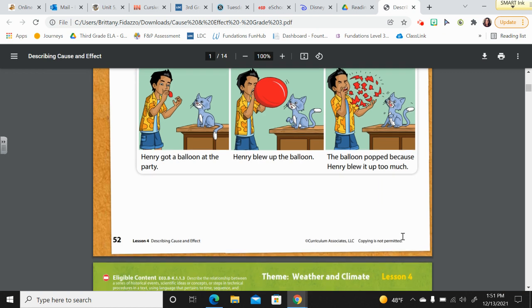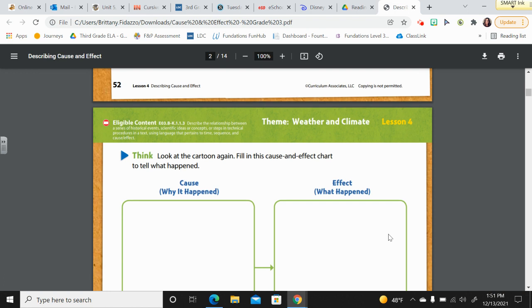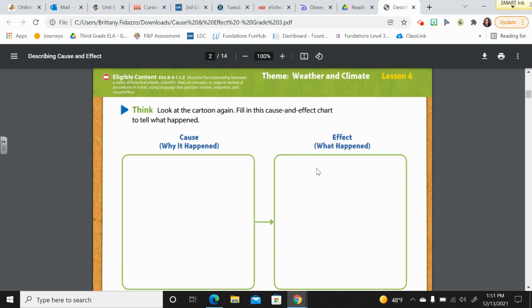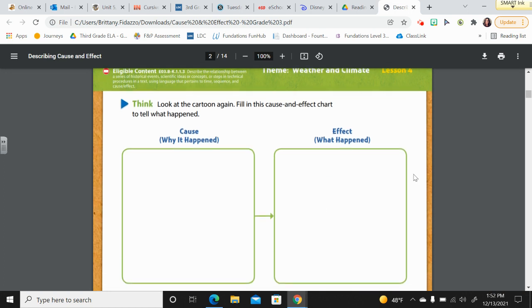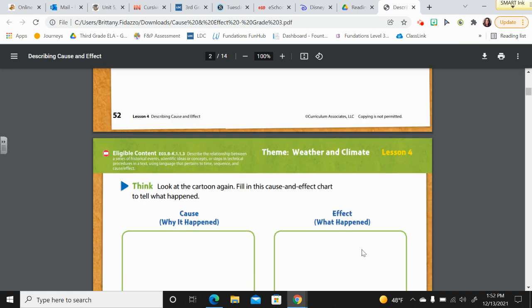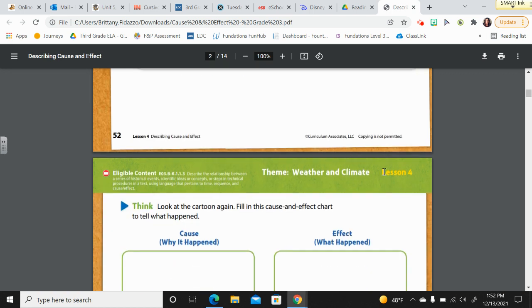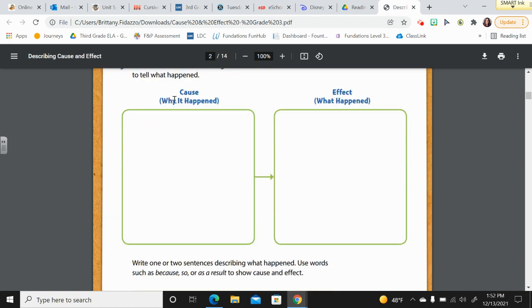So if you turn the page in your packet, it says, look at the cartoon again. Fill in this cause and effect chart to tell what happened. So we want to know what happened. Well, if you look in the last picture, you could say Henry's balloon what? Popped. Okay, I think that's fair. Henry's balloon popped. But then we want to go back and say, why did it happen?